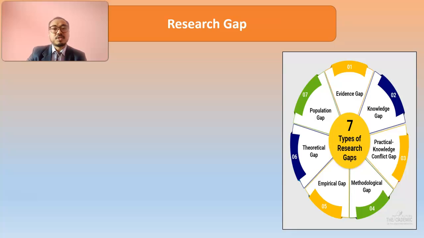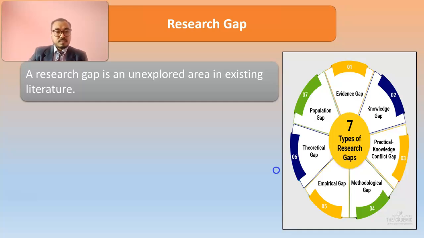And next one is research gap. So due to this empirical review, like I have already said, empirical review depends on the concrete data. So if the concrete data is not available, then there exist some loopholes or some gaps, and that leads to the gap called research gap. And there are 7 types of research gaps.